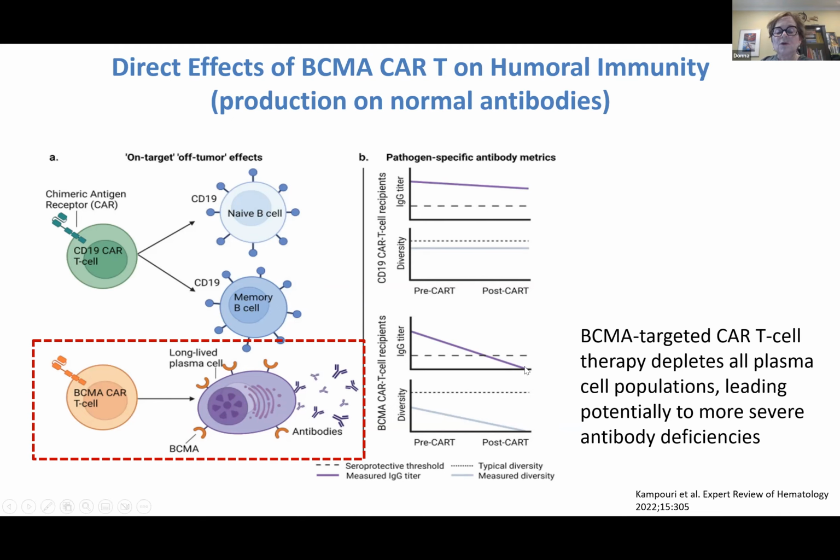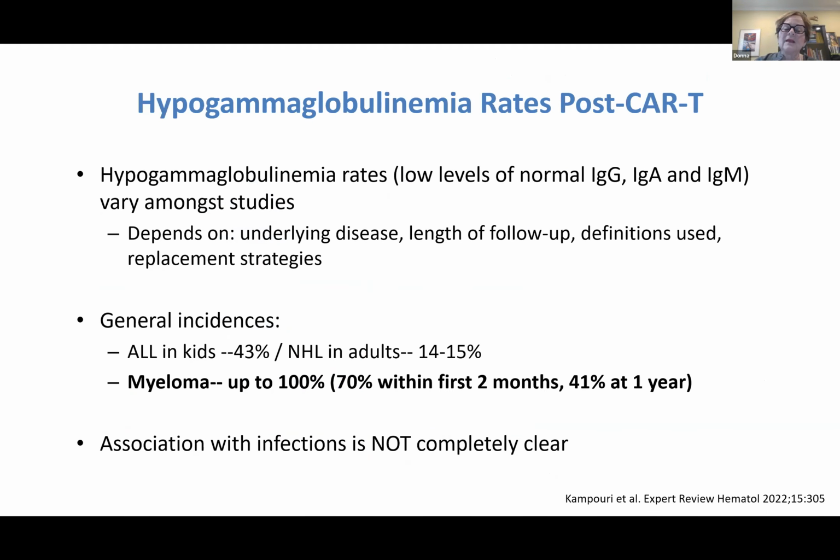So the normal IgG as well as the tumor IgG plummets and may go from a normal of, let's say, 10 to 12 to 0.3, very, very low levels. And it's different for different patients, but it may last a long time. This is the incidence of low antibody levels. These are not myeloma antibodies. These are the good antibodies, and it's up to 100%.